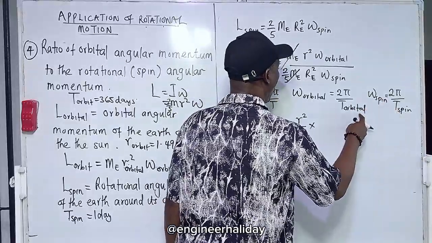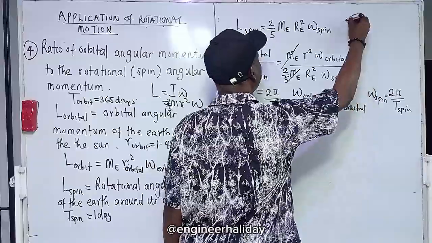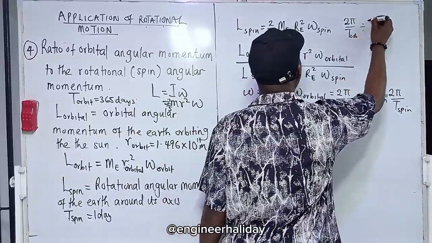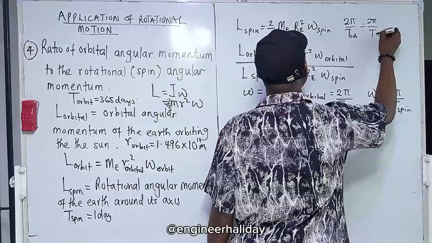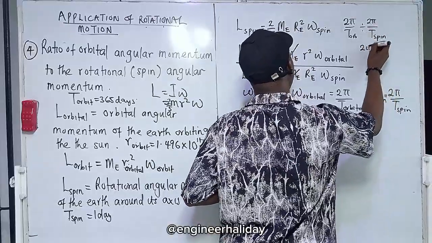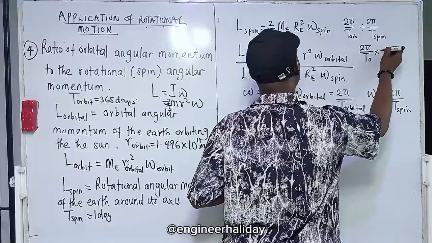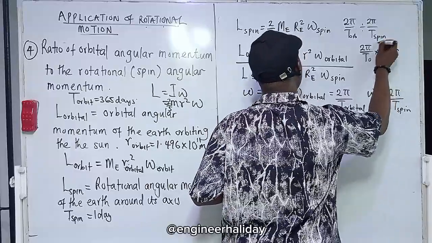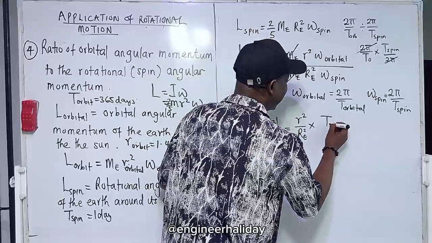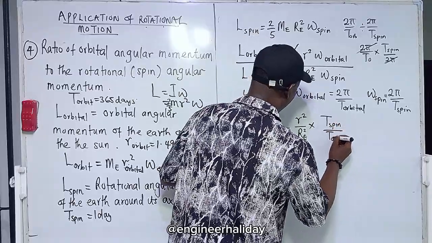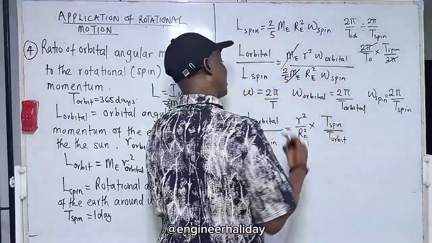Now this one will go up, because if you take 2 pi over T orbital divided by 2 pi over T spin, what do you have? This one will go up now. The 2 pi over T orbital times T spin over 2 pi. So this one will now be T spin over T orbital, because the other one has cancelled.